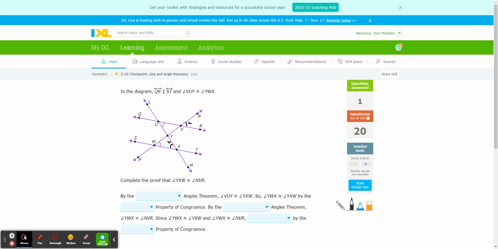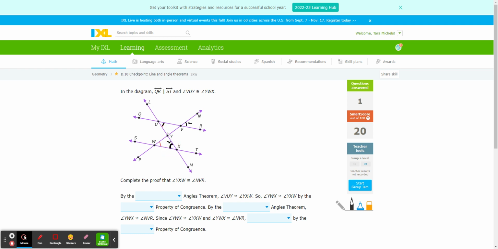All right, so let's look at it here. So by some theorem, we're looking at angle VUY is congruent to YXW. So it's saying this angle is congruent to this angle.